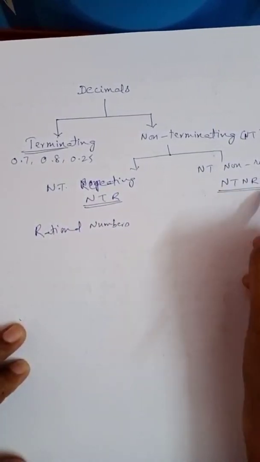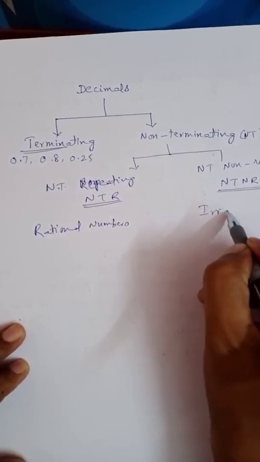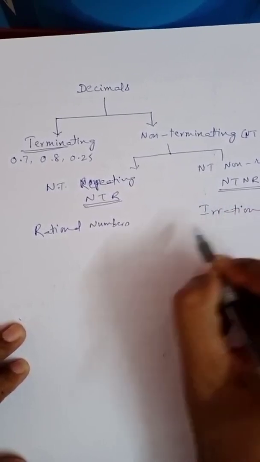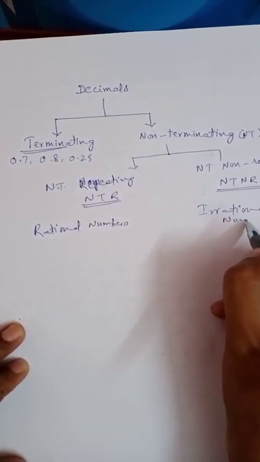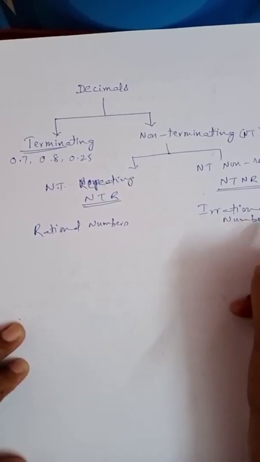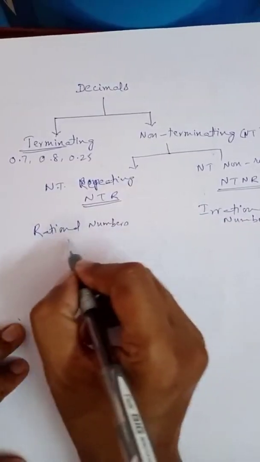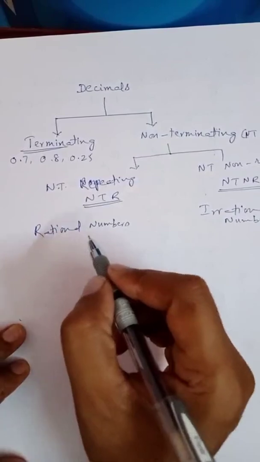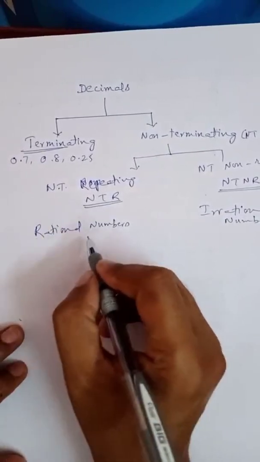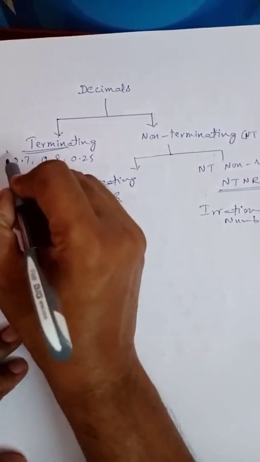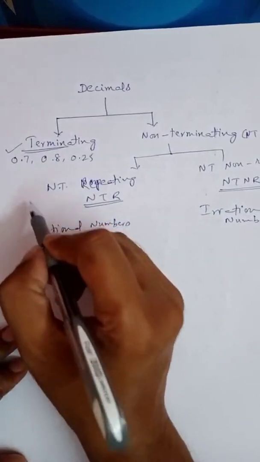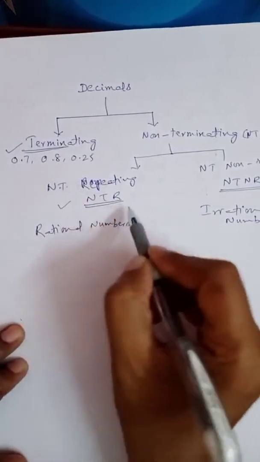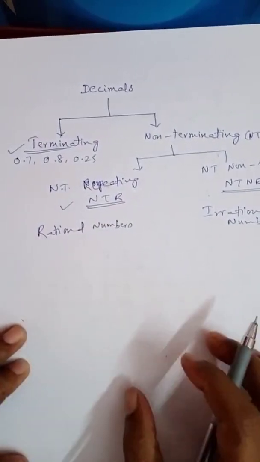Non-terminating non-repeating type decimals are irrational. So we now take only rational numbers, and we have to check whether the decimal expansion of these rational numbers is terminating type or non-terminating repeating type.